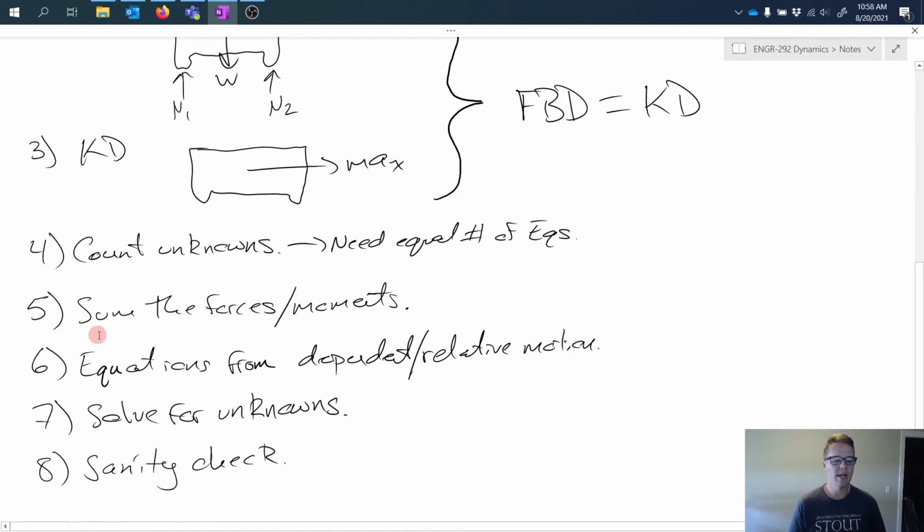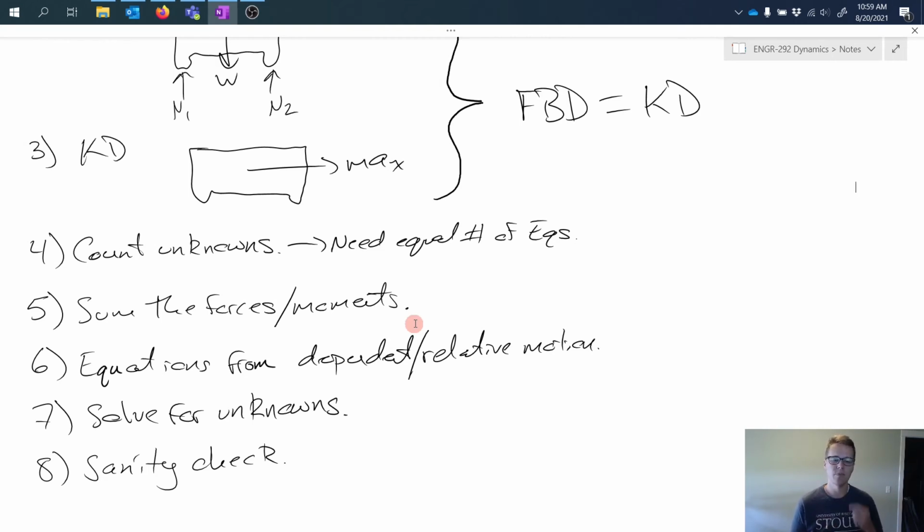We can then write out those equations using our equations of motion from Newton's second law. We can sum our forces, we can sum our moments, and we can now mathematically represent those free body diagram and kinematic diagram pairs. We can bring in additional equations from our understanding of dependent and relative motion. Sometimes dependent and relative motion introduces additional relationships between various objects.